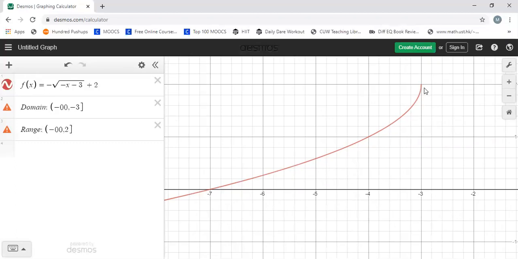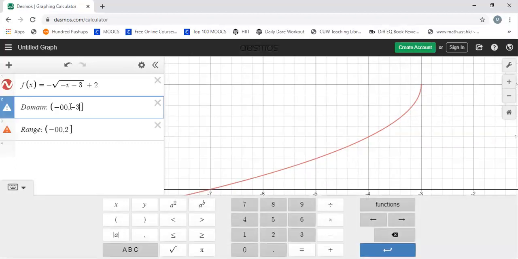In that case, if we were looking at the same problem, but it ended here, then your domain would be -7 to -3. And you would include the -7, right?